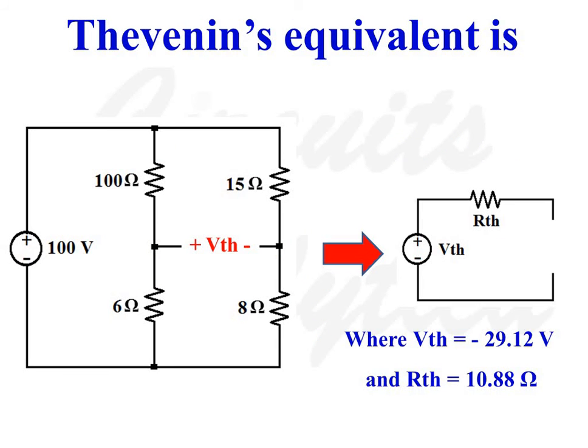So the given network can be represented as series combination of Thevenin's equivalent voltage VTH and Thevenin's equivalent resistance RTH, where VTH is equal to minus 29.12 volt and RTH is equal to 10.88 ohms.